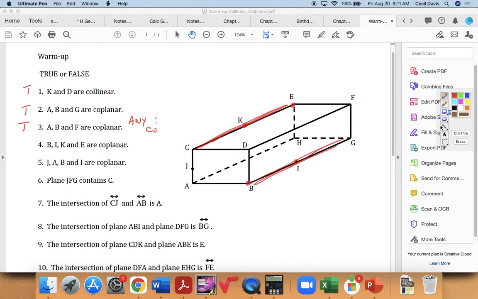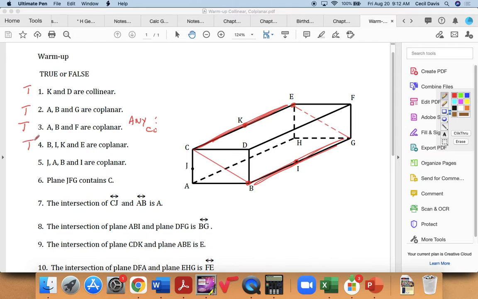So we should have the same kind of situation we had in the last one. If I join these diagonally like this, again, I've got kind of what looks like a ramp or something going through the middle of this that creates a plane. We don't draw them because if you drew every plane and every line that could be drawn in a picture, the picture gets very messy and it's less helpful than you want it to be. So this is also true.